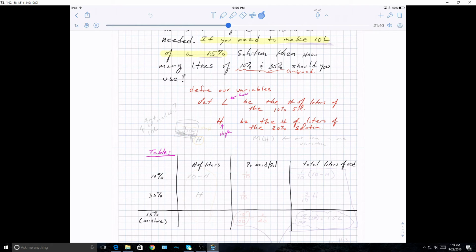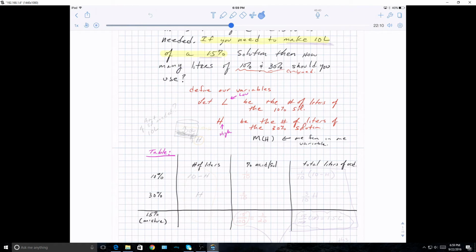Just keep in mind that what we're trying to accomplish is to find some mathematical model, M, that I'm going to call here for mixture, in relation to one of the variables. In this case, I'll say H. Why not? So if we can get one function in one variable, this becomes easy to solve.